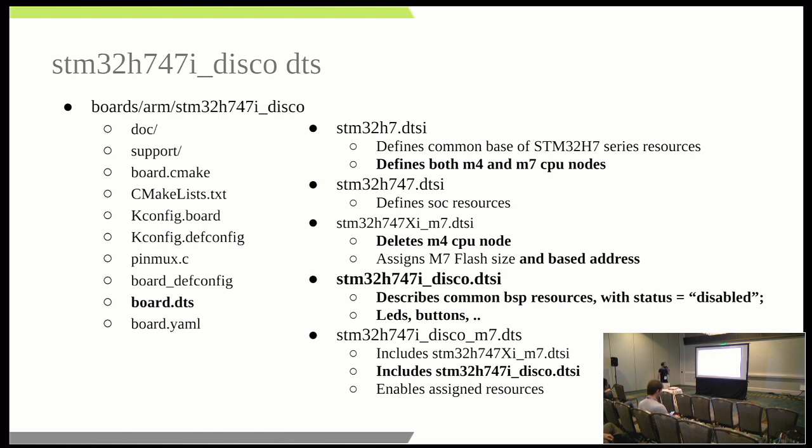But then we'll have a package DTSI file which will be dedicated to one or the other core. For instance, on the M7 DTSI, we'll delete the M4 CPU node and assign a flash size and a base address for the M7 core.